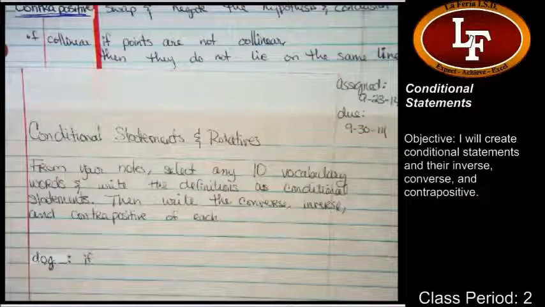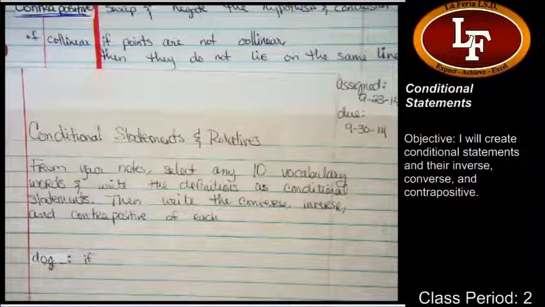After you write the definition as an if-then statement, you need to write the converse, the inverse, and the contrapositive of each definition. Okay? You're going to end up with 40, count them, 40 different sentences.